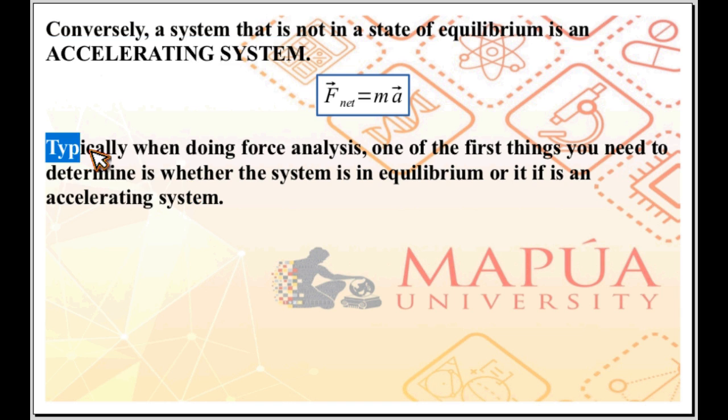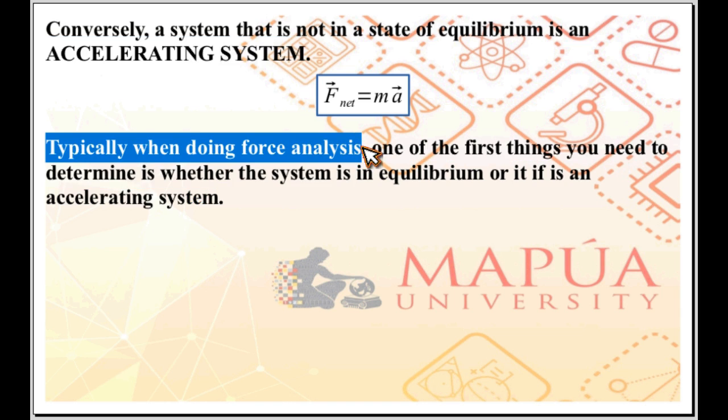Typically, when doing force analysis, one of the first things that you need to determine is whether the system is in equilibrium state or if the system is an accelerating system. If the system is in equilibrium, you set F net to 0. And if the system is accelerating, you set F net to ma. And that's basically how you do your force analysis.